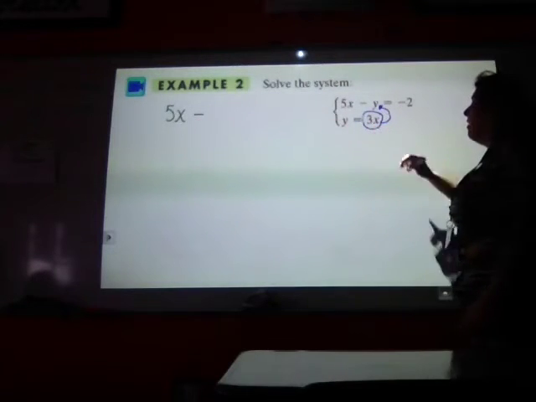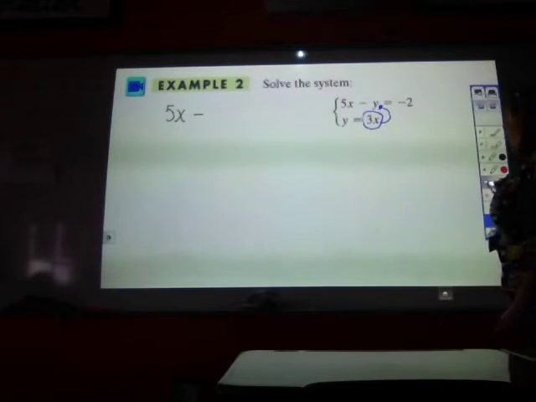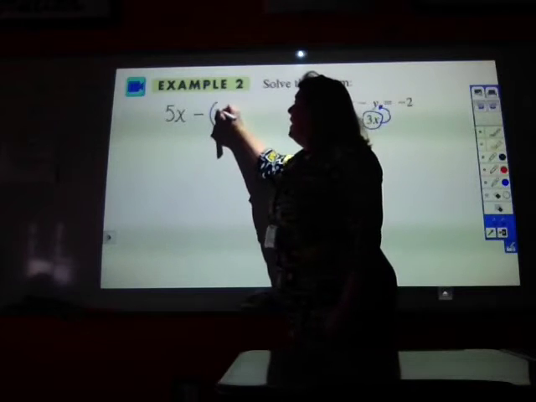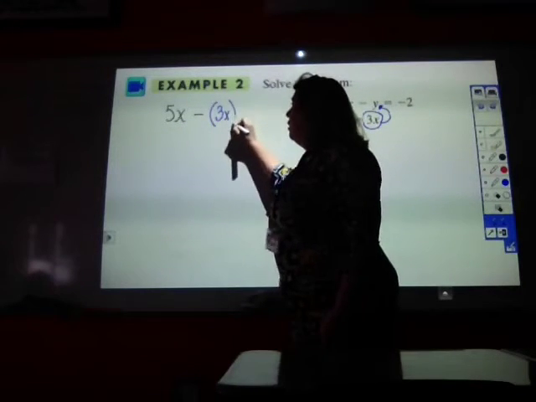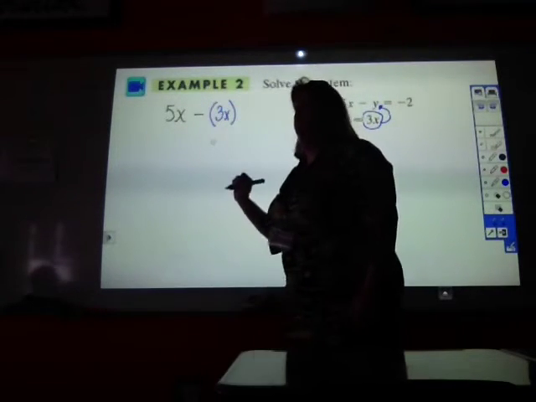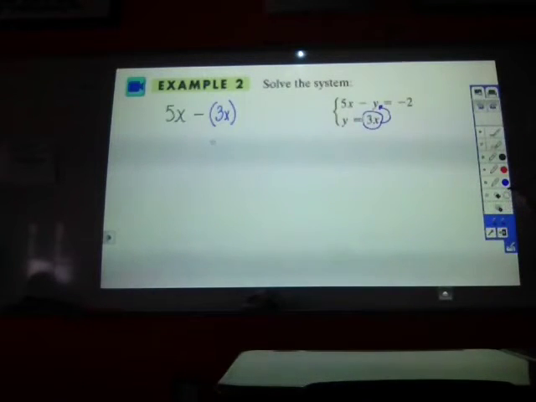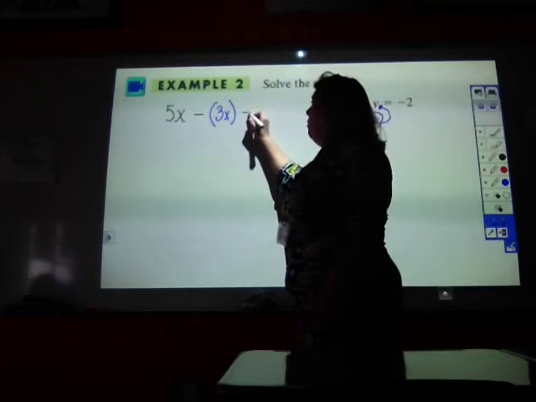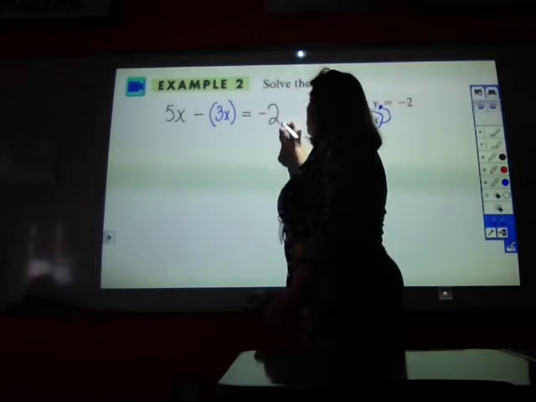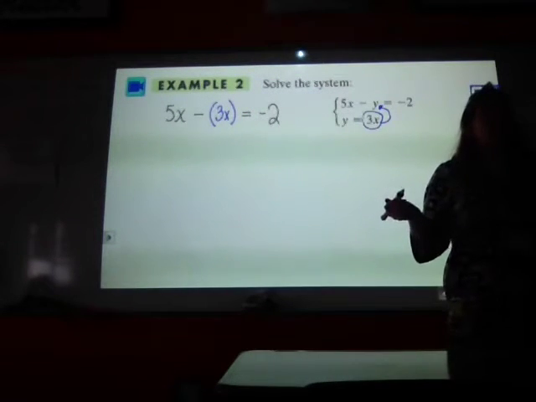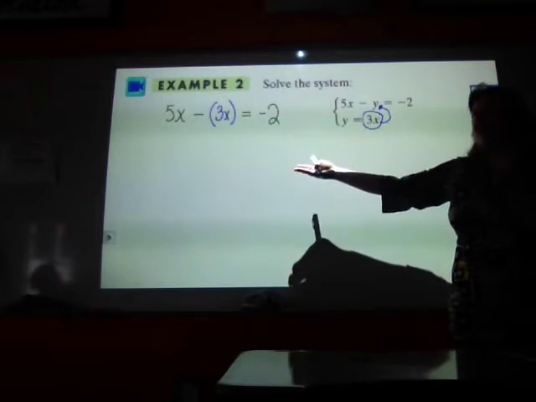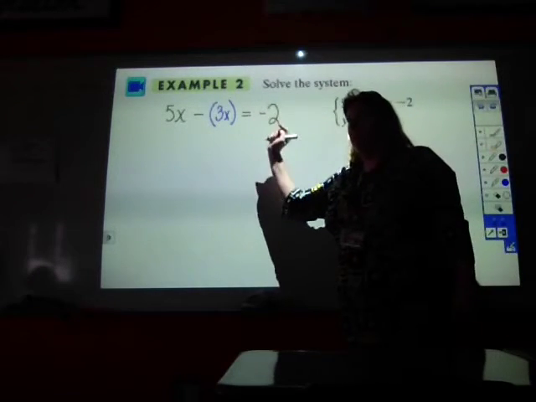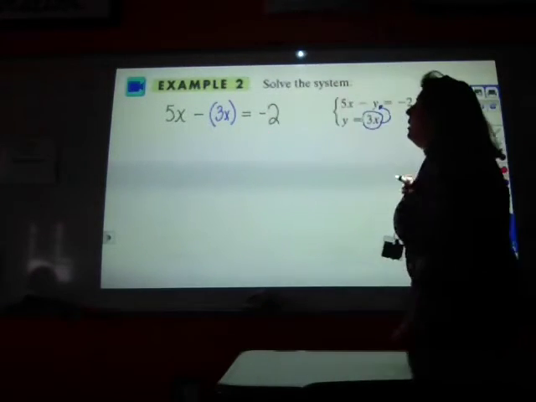It doesn't in this particular case, so we're okay, but if it did, we would need to make sure that negative got distributed. Everybody okay with that? Okay. So we may or may not see that along the way today in our notes, which means you may or may not see it in your homework, but know that if you ever see it, that's what you've got to do. Okay? All right, so now I'm going to simply solve.